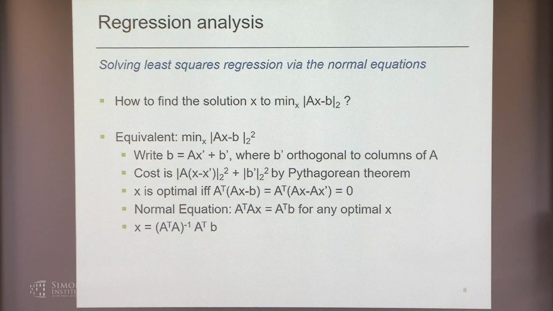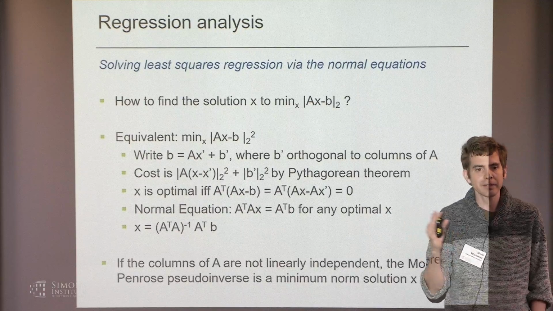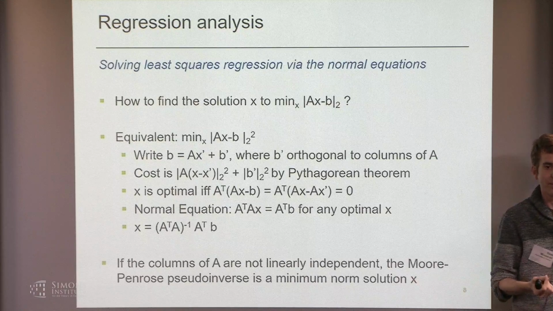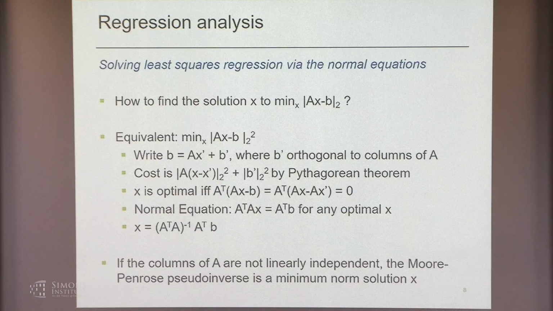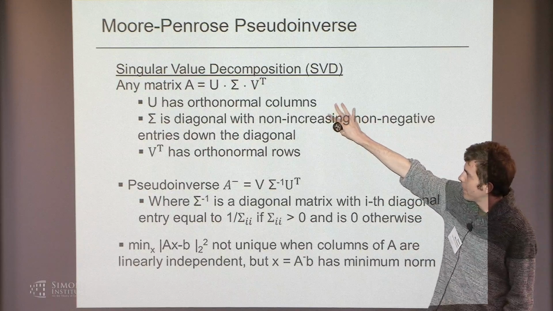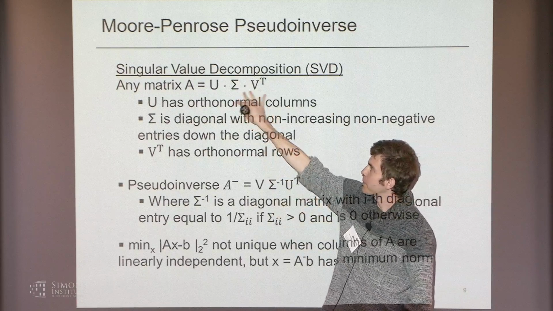Okay. Just one thing to note here is if the columns of A are not linearly independent, then there's more than one solution. There's a null space. But you can write down at least the solution with minimum norm, and this is via the so-called Moore-Penrose pseudoinverse, which I think Ravi mentioned in response to a question, but I don't think it was formally defined, so let me just say it. Recall the SVD that Ravi mentioned, that every matrix A can be written as U sigma V transpose.